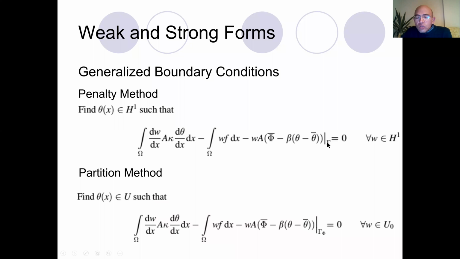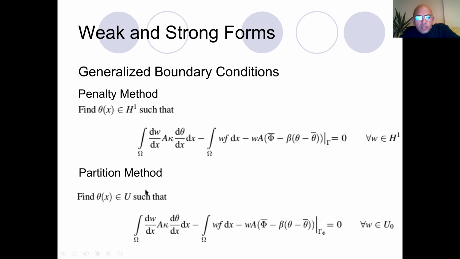Now, since in the penalty method we don't have any essential boundary conditions, w can be any function. It's not necessarily the case that w is 0 at some part of the boundary in this case.